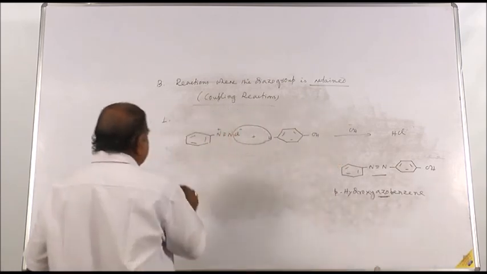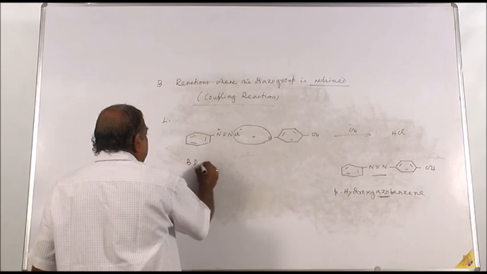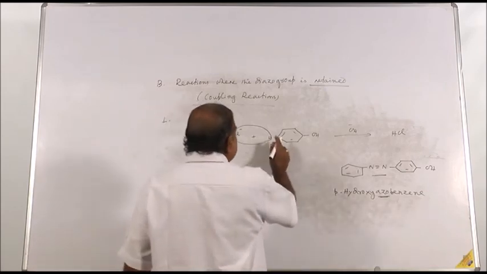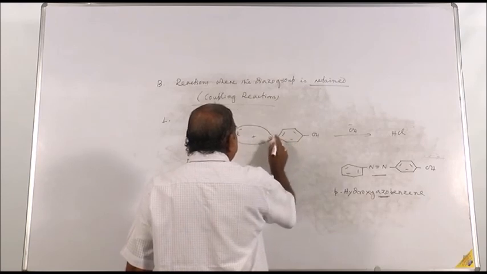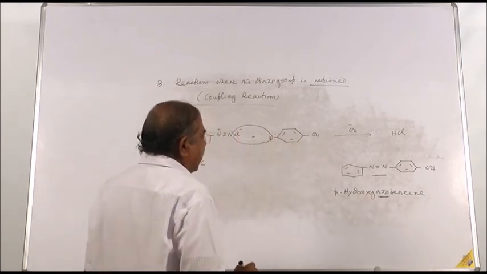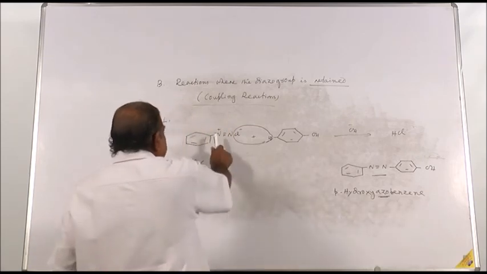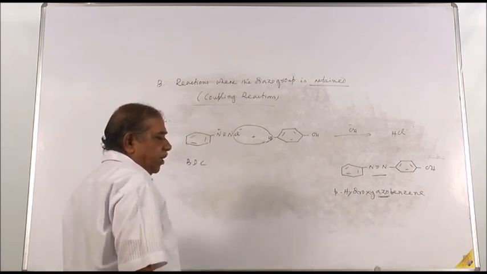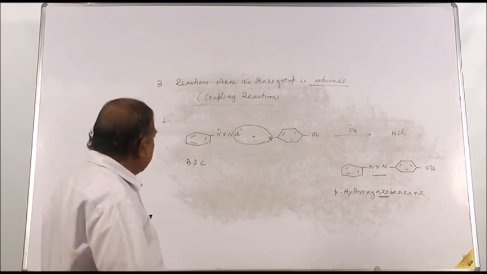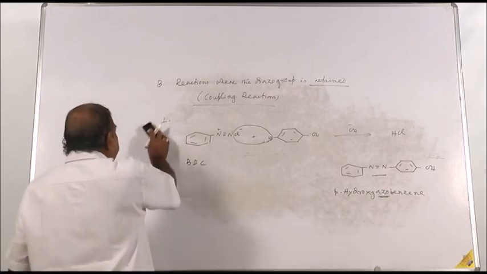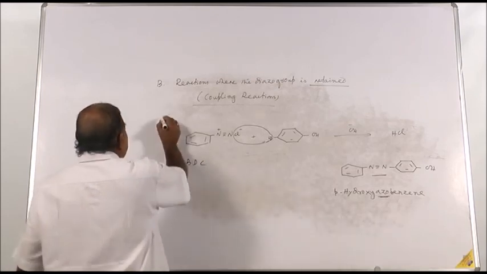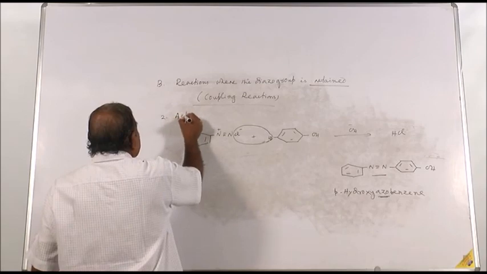So, benzene diazonium chloride couples with phenol in presence of an alkali to form para-hydroxy azobenzene, where you can find the azo group is retained. So, this is one of the coupling reactions. Number one, reaction with phenol.